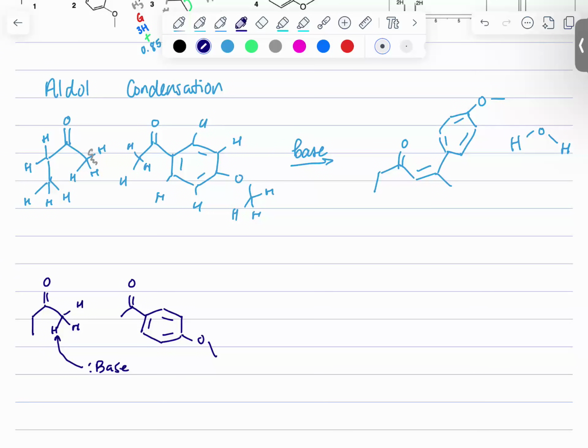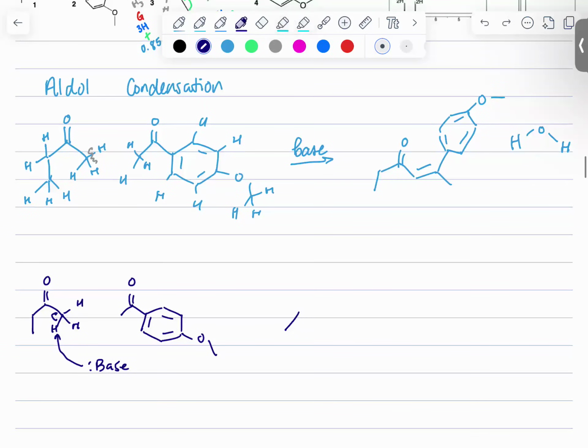That will create what? An anion. Would you say an anion is more electrophilic or nucleophilic? Nucleophilic. Do we have any spots on our other molecule that are electrophilic?